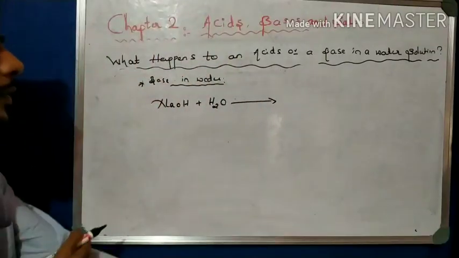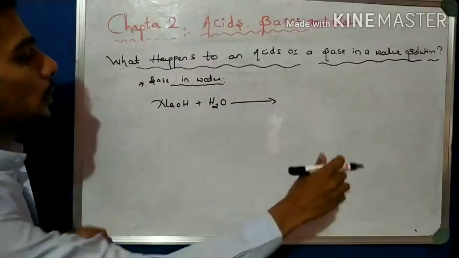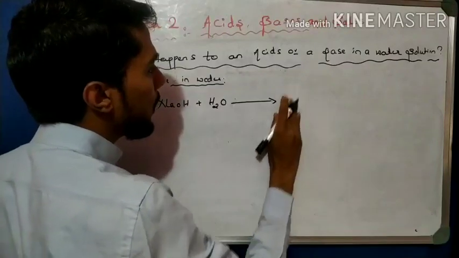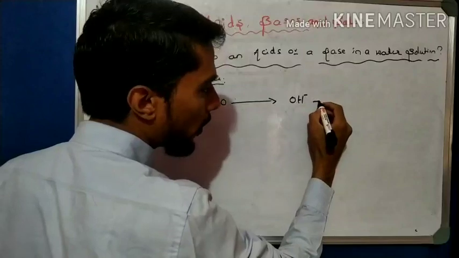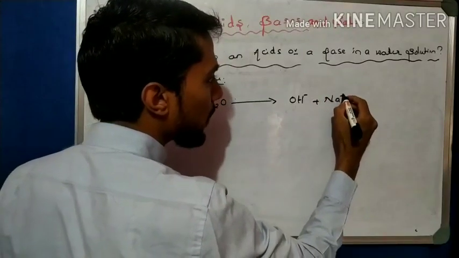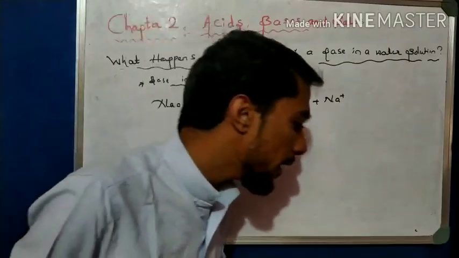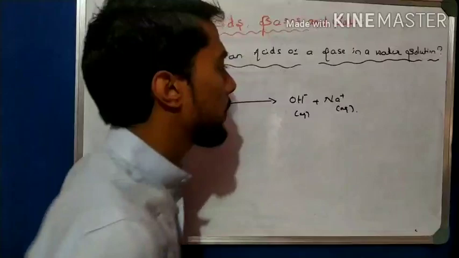NaOH plus H2O. What happened here? They form OH minus ions plus Na plus ions. Both are aqueous solution because they are aqueous.